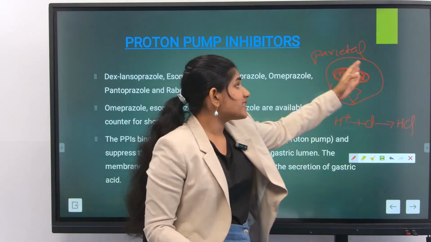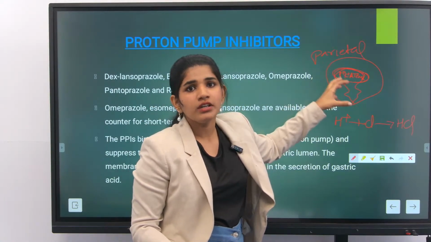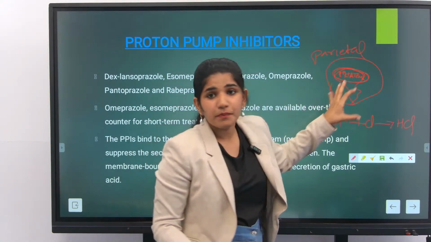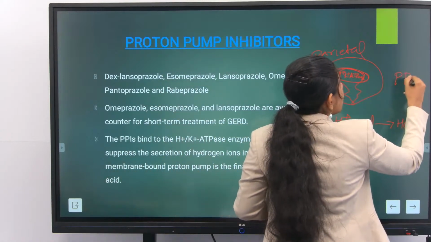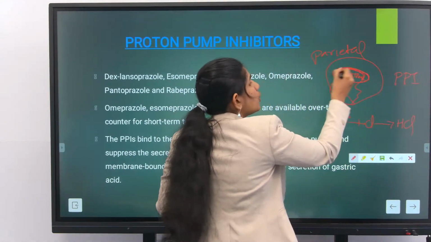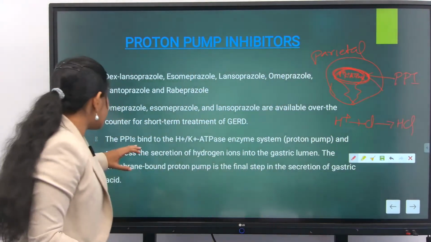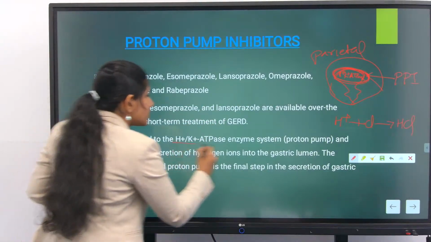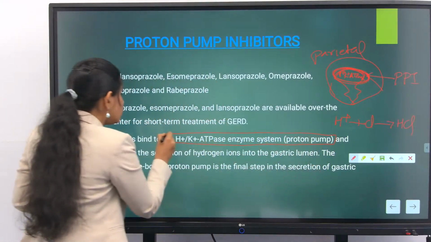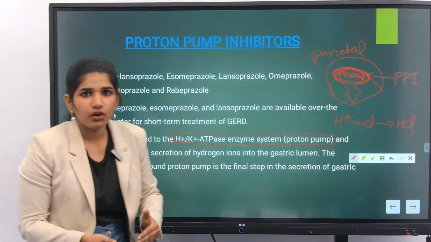The H plus K plus ATPase enzyme is required for this proton, that is H plus, formation. So when we give proton pump inhibitors, they act on this proton pump. The PPIs bind to this H plus K plus ATPase enzyme system, the proton pump, and suppress the secretion of hydrogen ions.